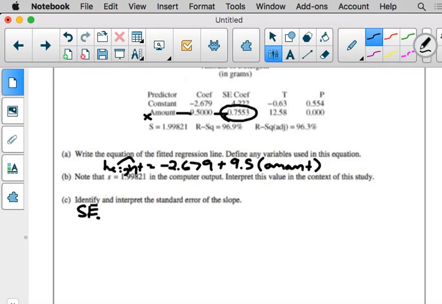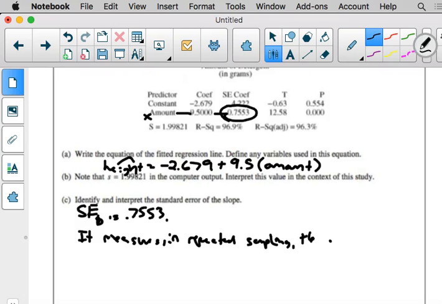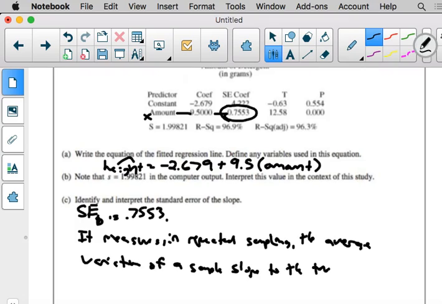So the standard error of the slope is 0.7553, and it measures, in repeated sampling, the average variation of a sample slope to the true slope.